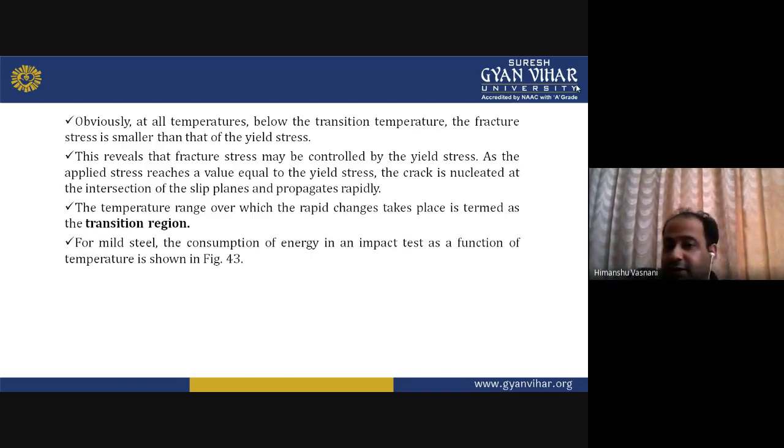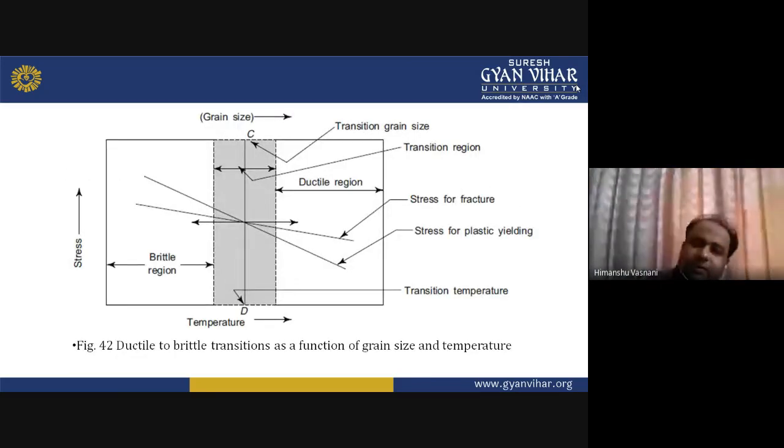The temperature range over which the rapid change takes place is termed the transition region. Okay, the temperature range is called the transition region. You have seen this transition region; I have told you. See the gray part, the transition region.